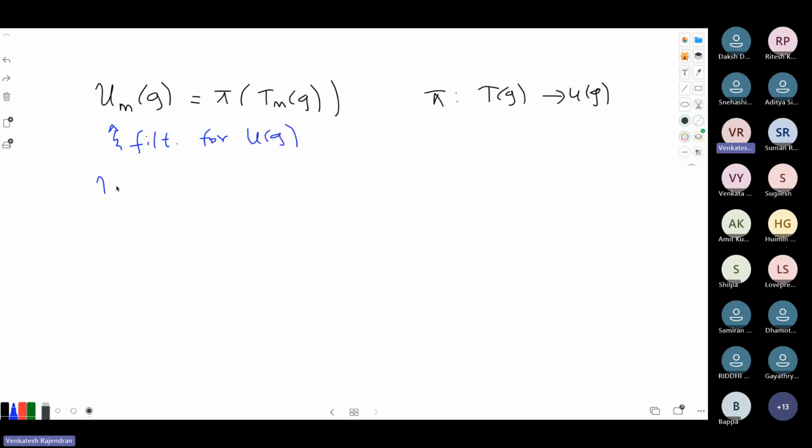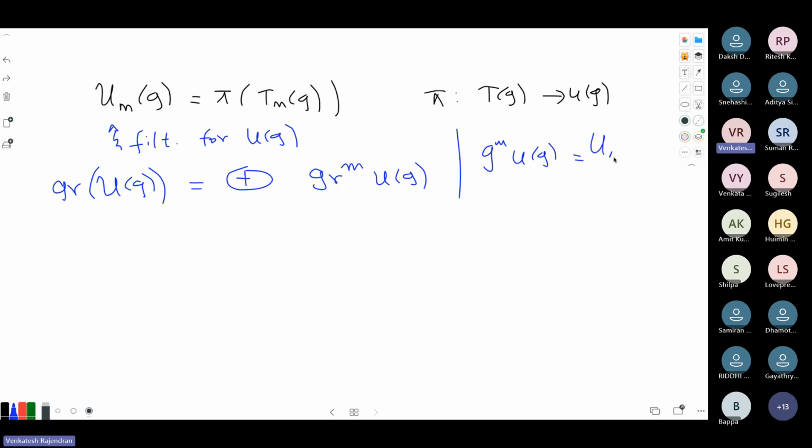Then we constructed the graded algebra associated with U(g). Let's call it gr U(g). By definition, the graded spaces are U_m(g) modulo U_{m-1}(g). By convention, you take U_{-1}(g) to be 0.